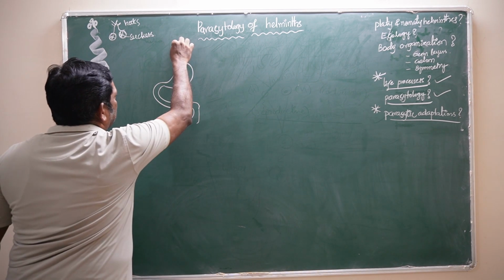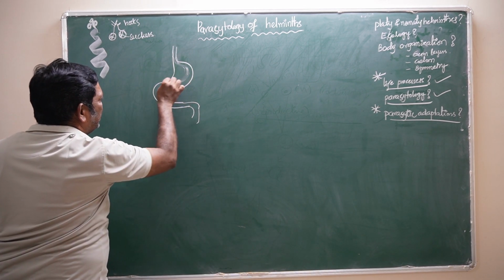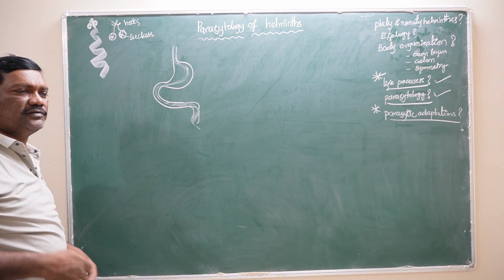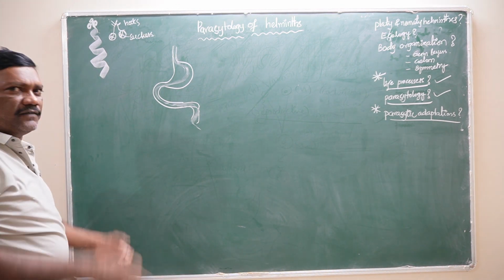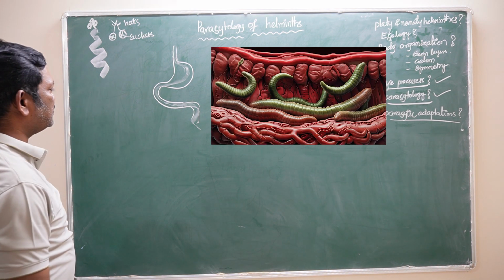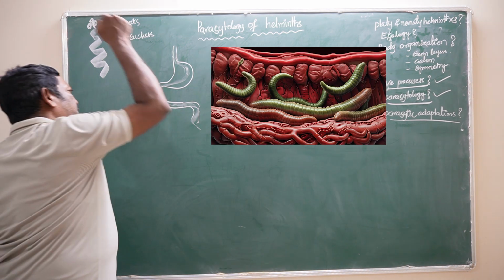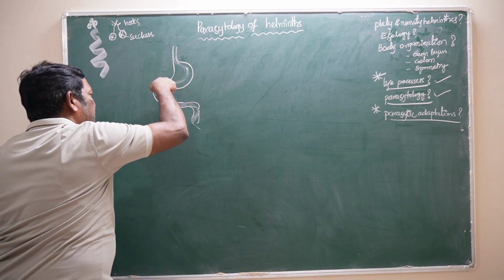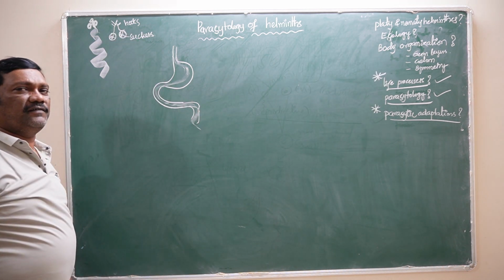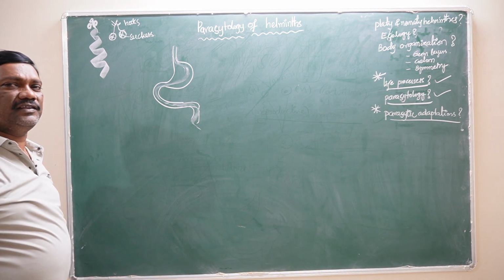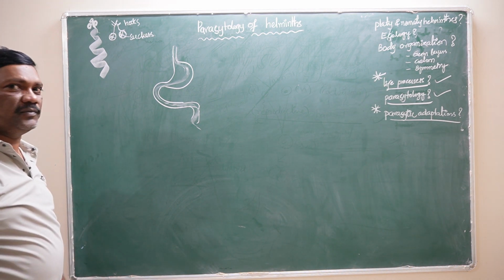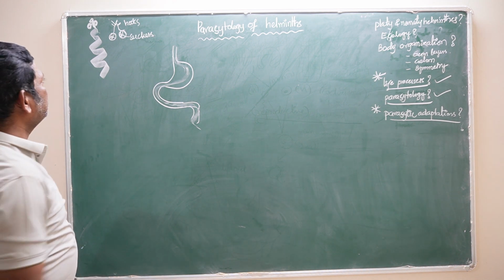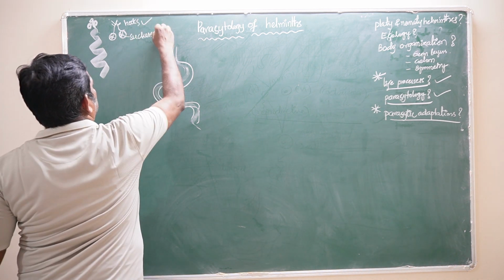In the stomach, small intestine and large intestine, the food is moving by peristaltic movements. Vigorously the food is moving in our digestive tract by the peristaltic movements. Why don't these parasites move in the small intestine with the peristaltic movements along with the food material? Yes, they may move, but they have developed hooks and suckers.